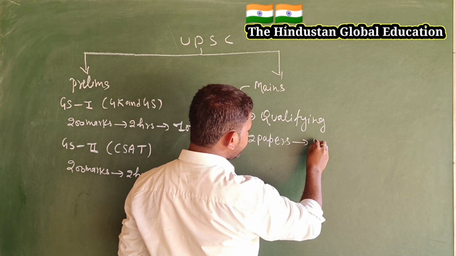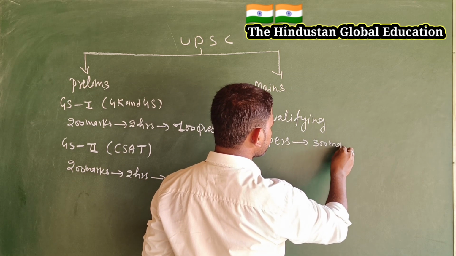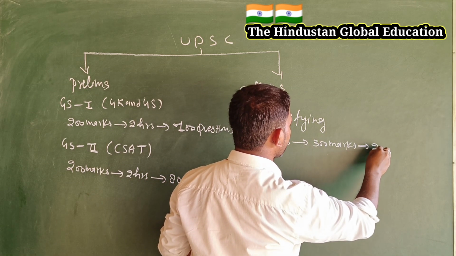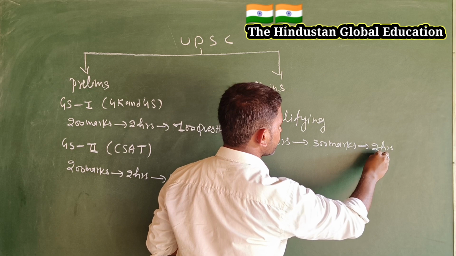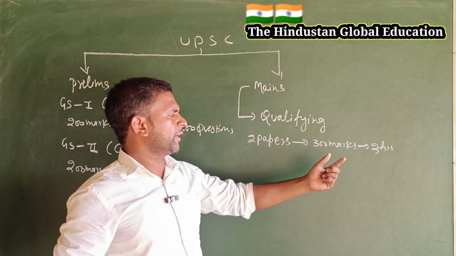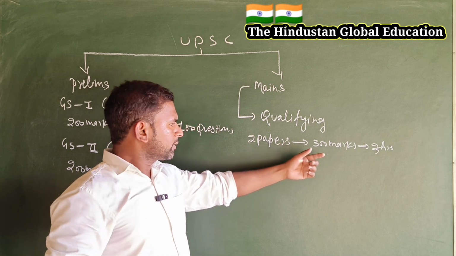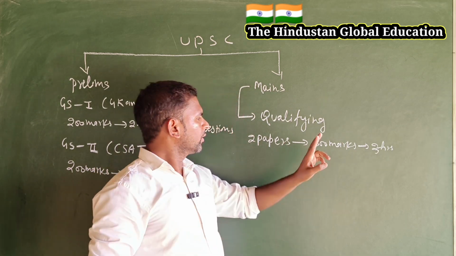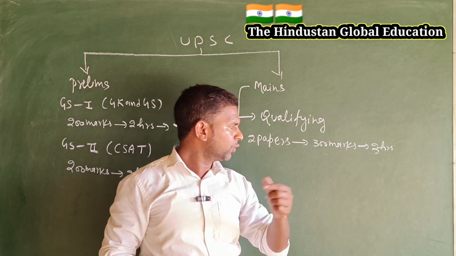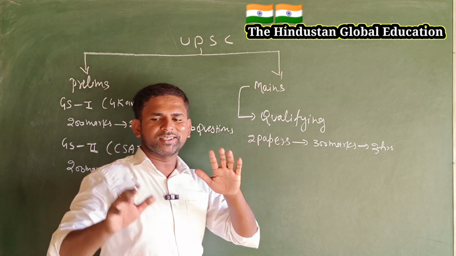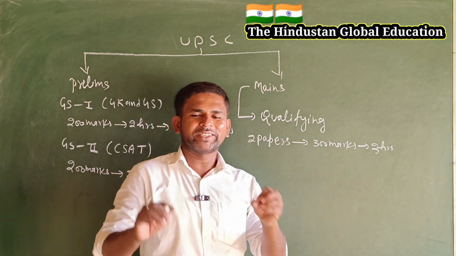Each paper is 300 marks and you will spend 3 hours on each. Two papers means 600 marks and 6 hours.